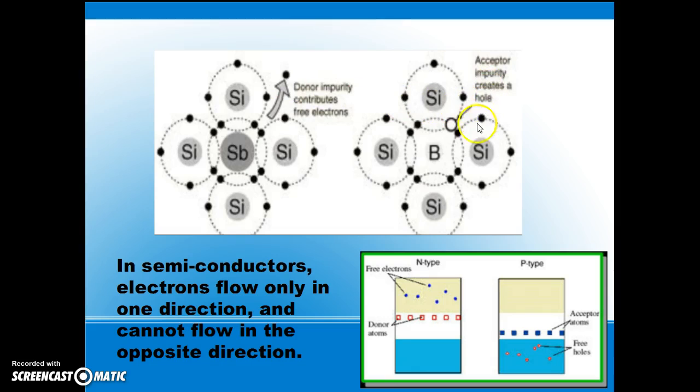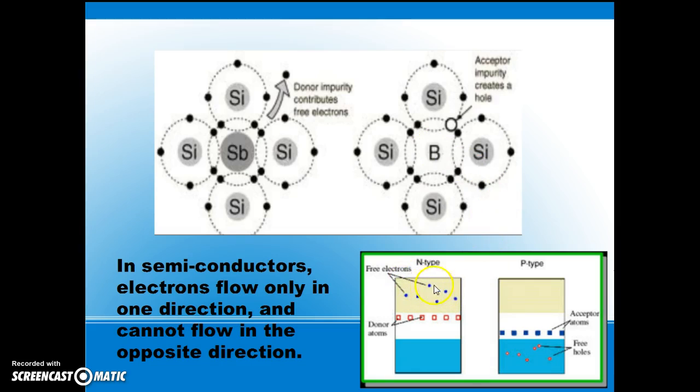Whereas if we dope it with boron, the silicon now has a kind of an electron hole here where it's missing the electron that you would expect, and electrons then can flow towards this particular semiconductor. Electrons are only going to flow out of the antimony-doped silicon and only going to flow into the boron-doped silicon.